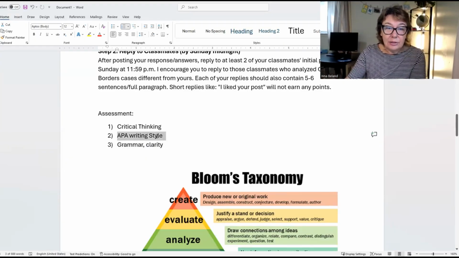By APA writing style, I understand your understanding of citations. It is, again, very important to cite the information that we are using, because we have to show respect to those people who created that information.